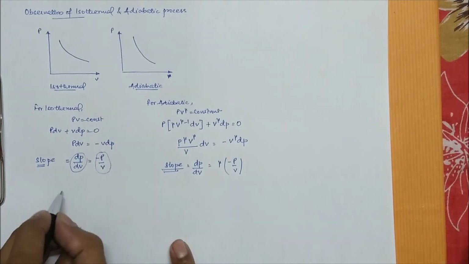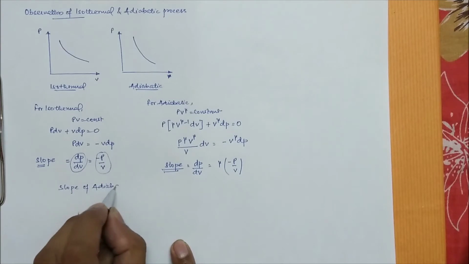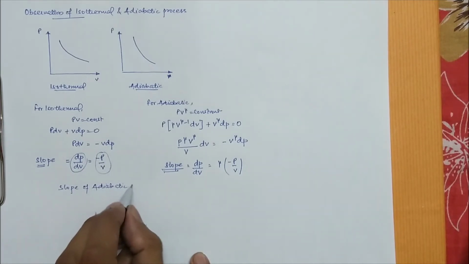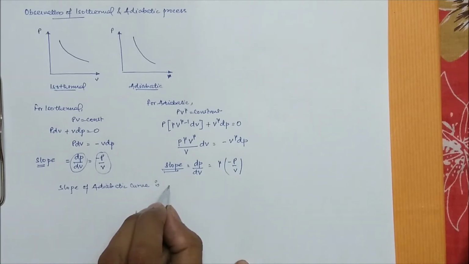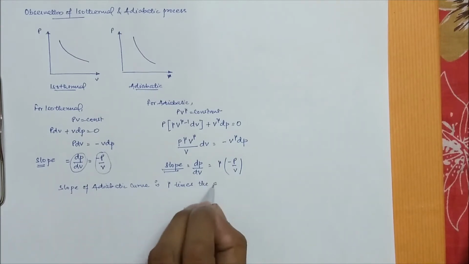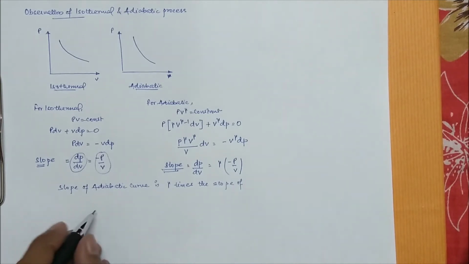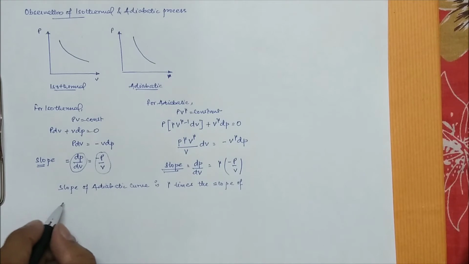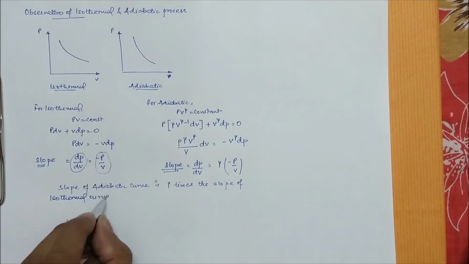That means the slope of the adiabatic curve is gamma times the slope of the isothermal curve.